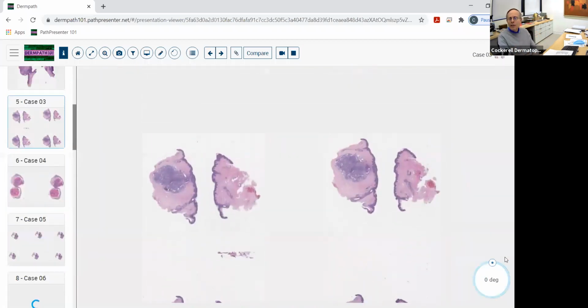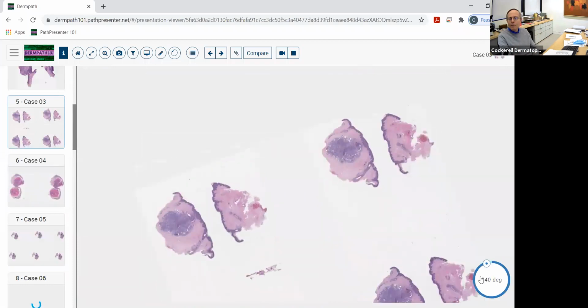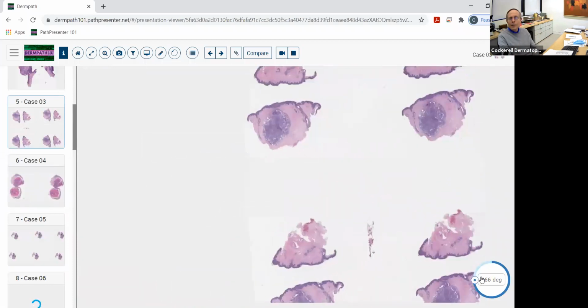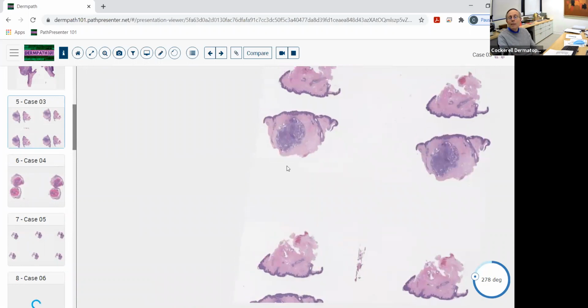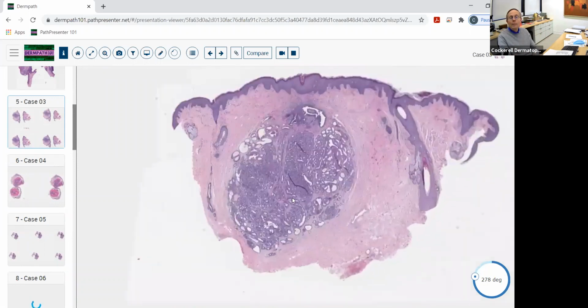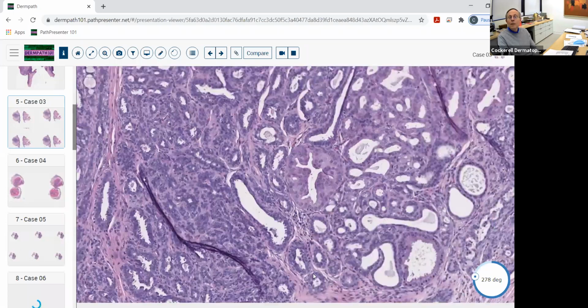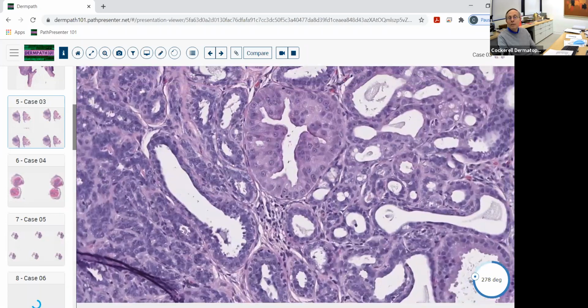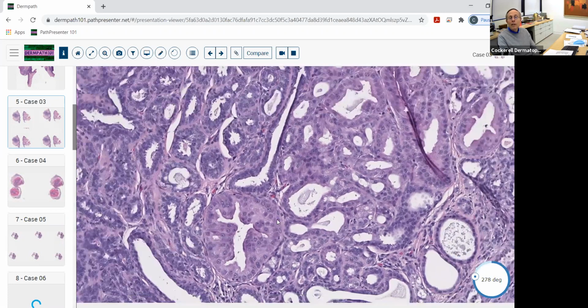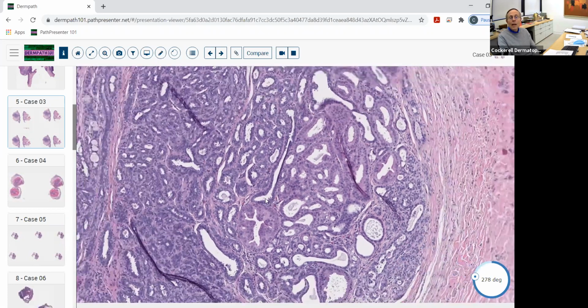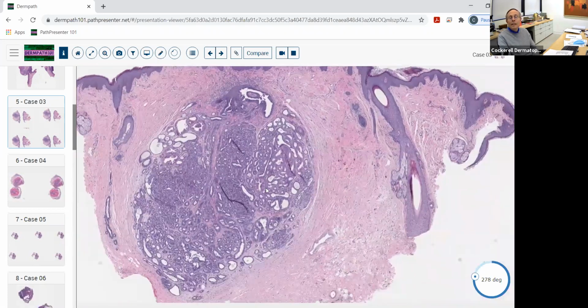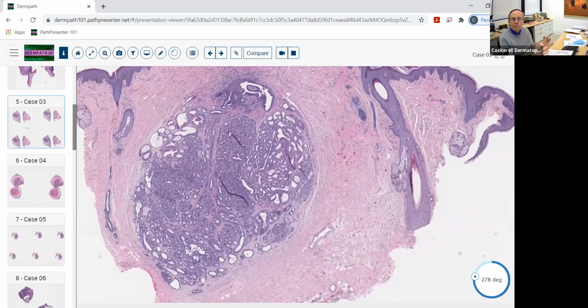Now, what if you see something that looks the same morphology in a different location, but no contiguity with the epidermis? So if you saw high magnification of this, you'd say, that actually could be a syringocystadenoma papilliferum. But notice we're not contiguous with the epidermis here.